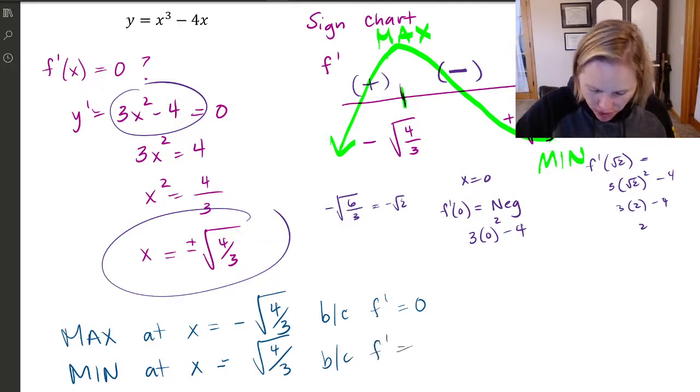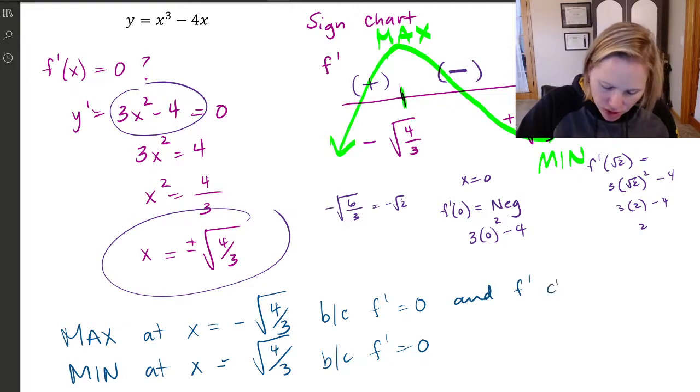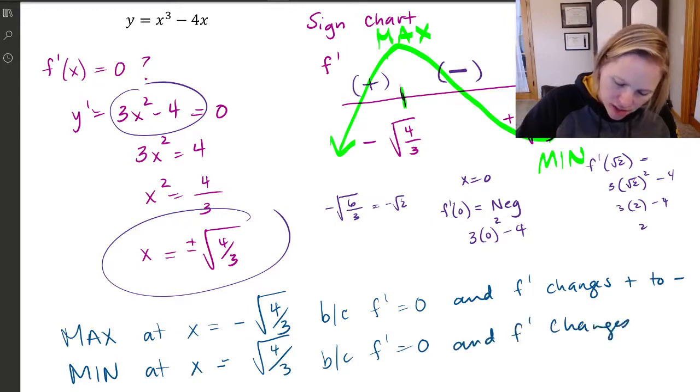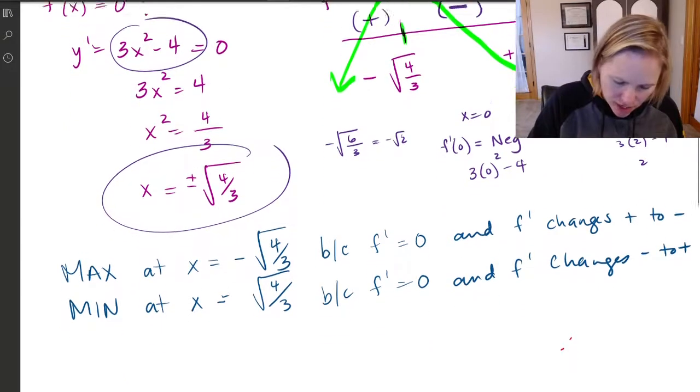I always want to make sure I understand my justification. And f prime changes positive to negative. And then over here, f prime changes negative to positive. So I need to give those 2 pieces of evidence there. So for my max and my min.